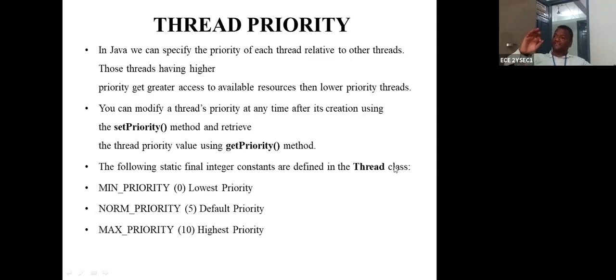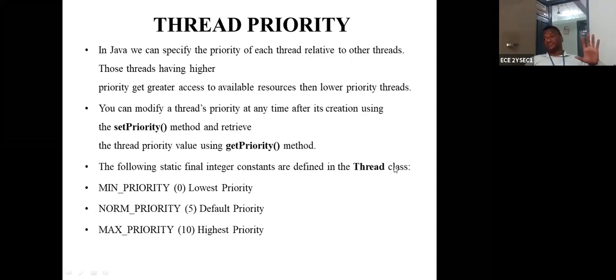Then the lowest priority thread is stopped temporarily and enters the wait stage or sleep mode. So preference is given to the highest priority thread. That means in the preemptive scheduler, the chance always goes to the highest priority thread.